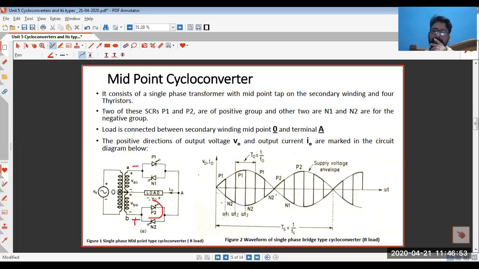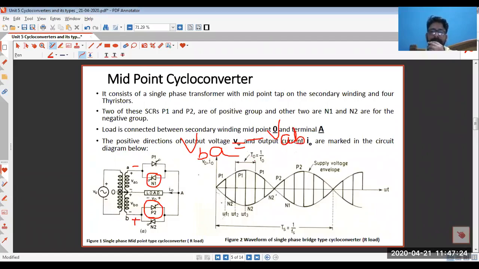So for P2, it is voltage VBA, voltage from A to P. And for N1, it is minus VAB, right?